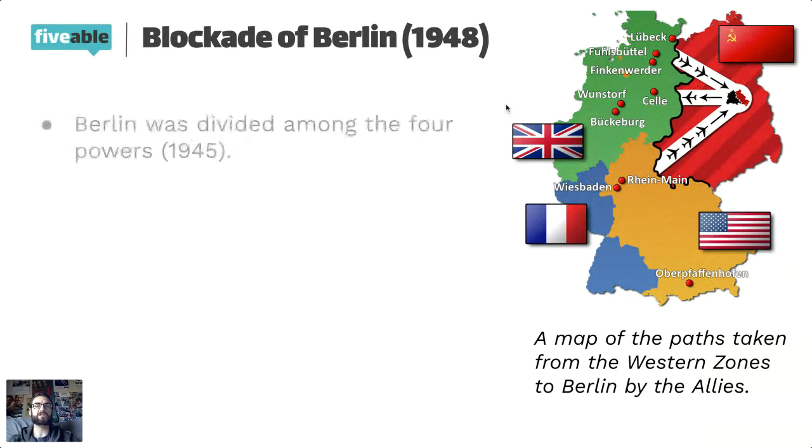Now, it's important to understand that while Germany was divided in four, the city of Berlin itself was also divided in four. So you had Germany in 4 parts, and then you had the capital of Germany, Berlin, in 4 parts. So it's important to keep that in mind as well.